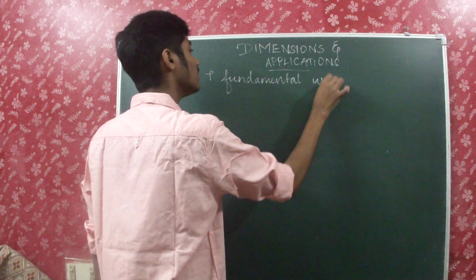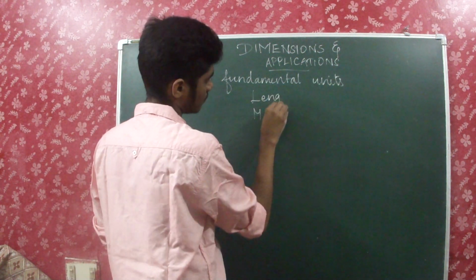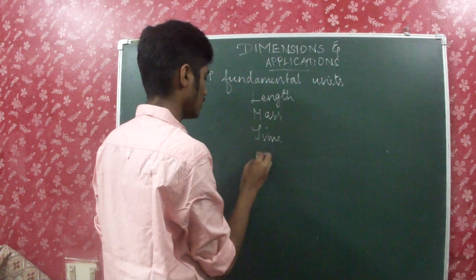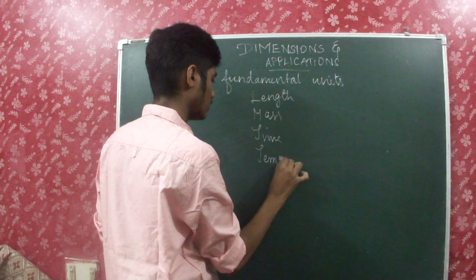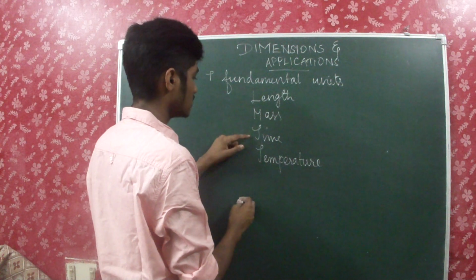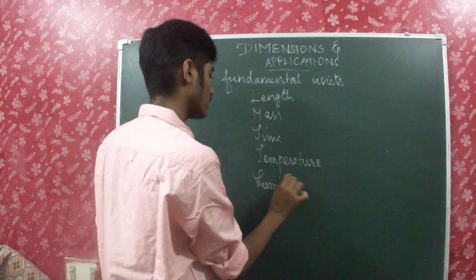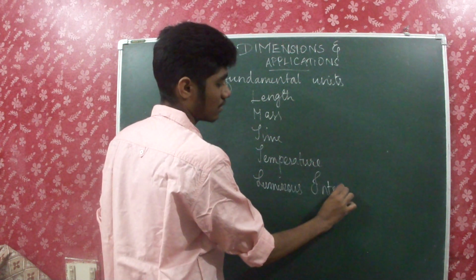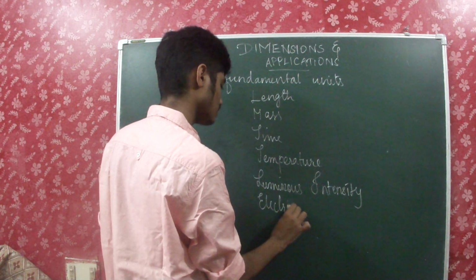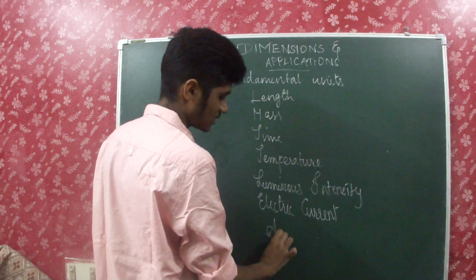What are they? Length, mass, time, temperature, luminous intensity, electric current, and amount of substance.